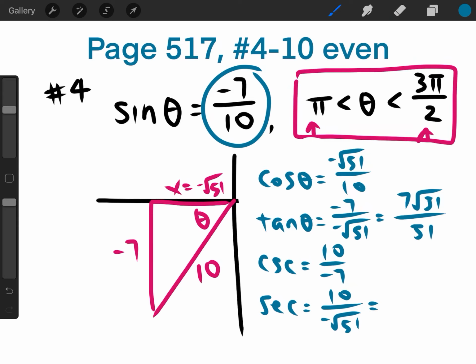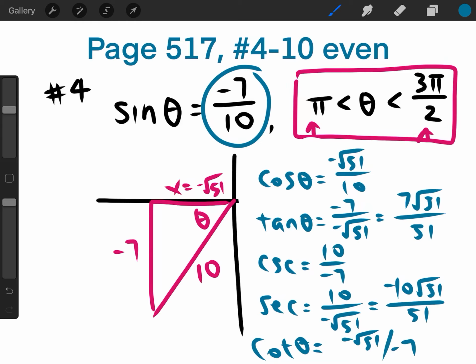Make sure that you rationalize this, so that's going to be -10 radical 51 over 51. The last one is cotangent. Cotangent is going to be negative radical 51 over -7. Make that into a positive, and that's how you find all 6 trig functions.